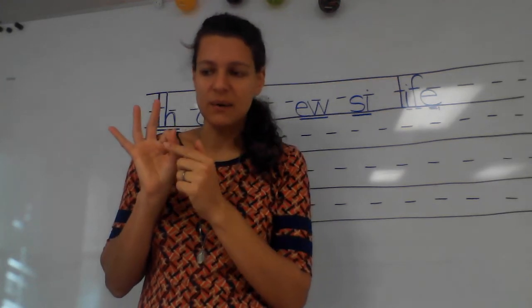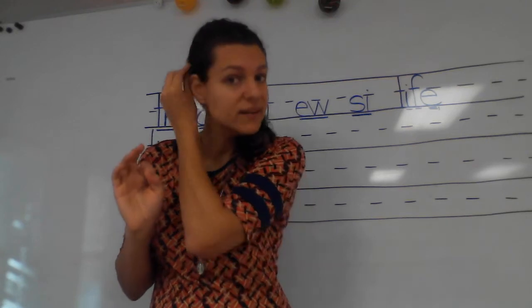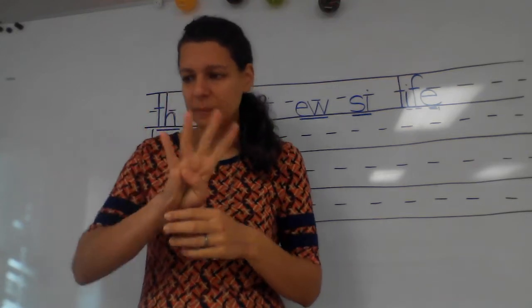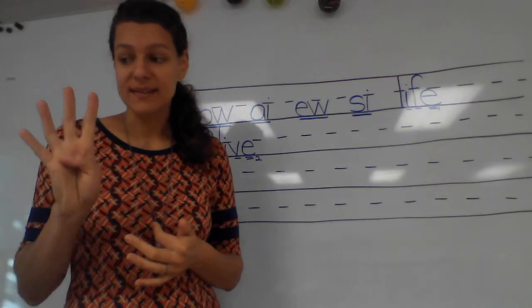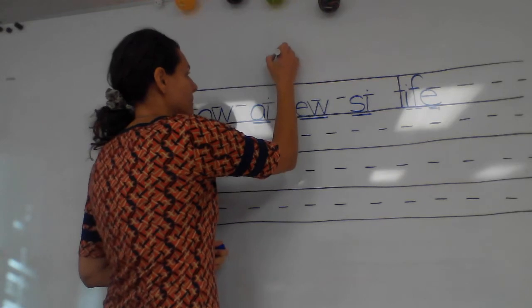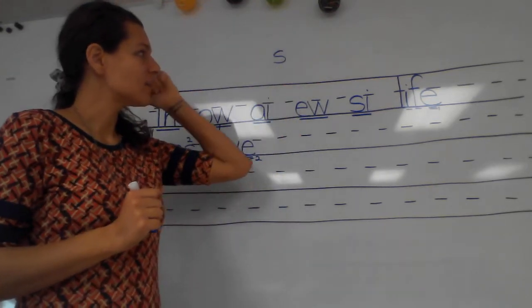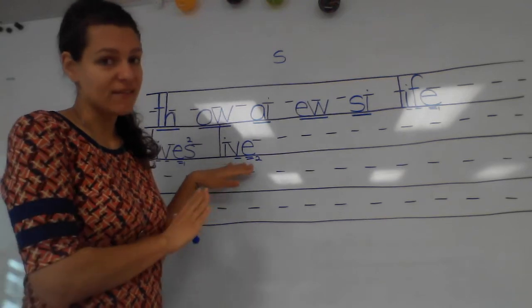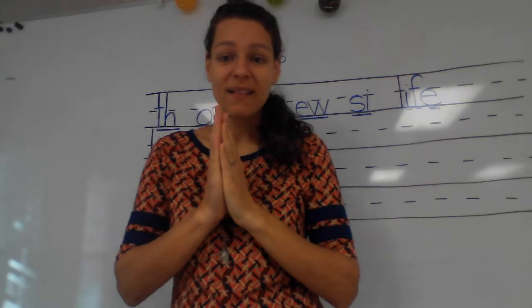All right, so our base word is live, right? Live. We're going to be adding our suffix. So we'll still have our silent final E in our base word, then we'll add our suffix. So what are we going to write to spell lives?